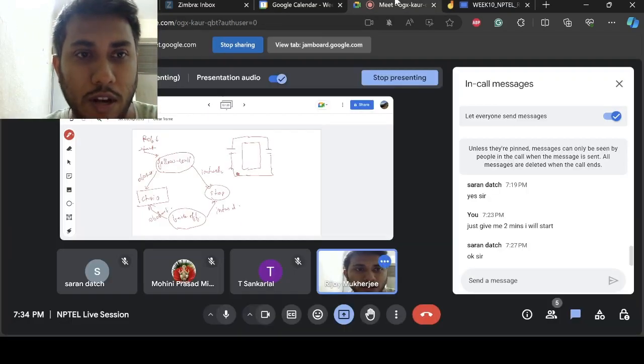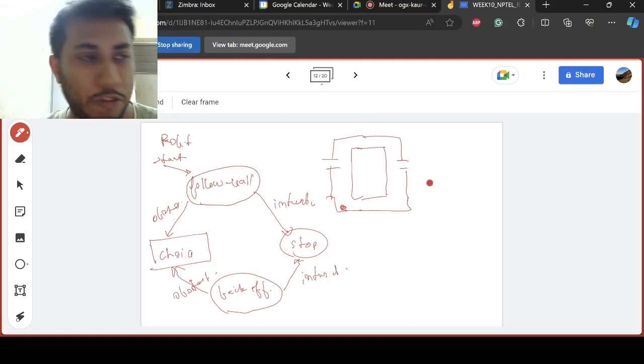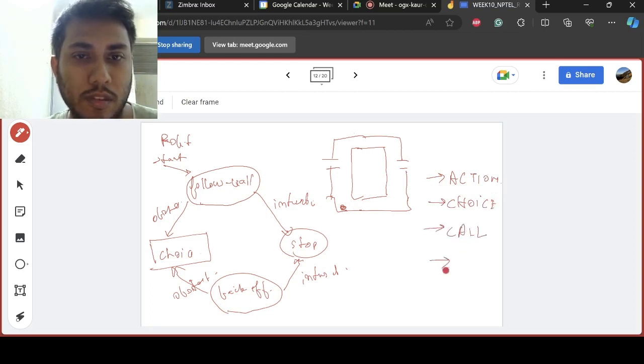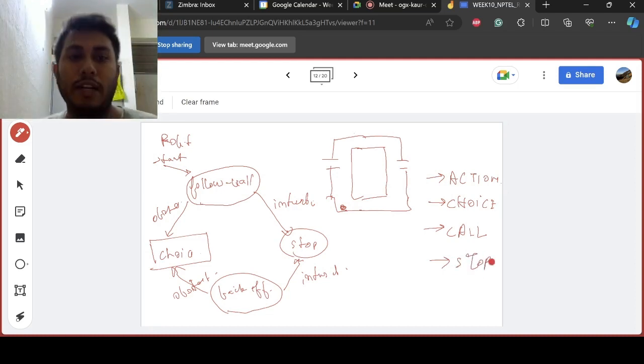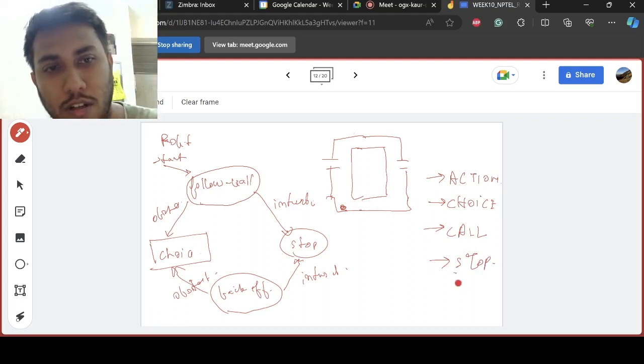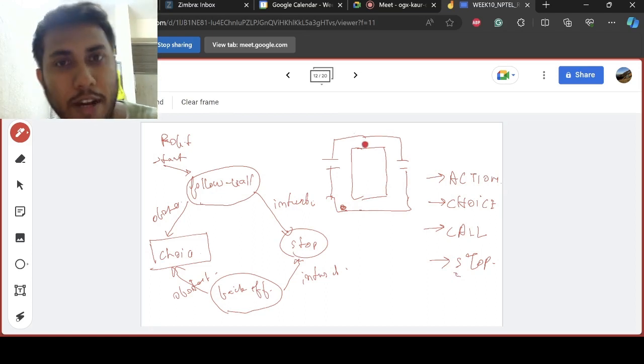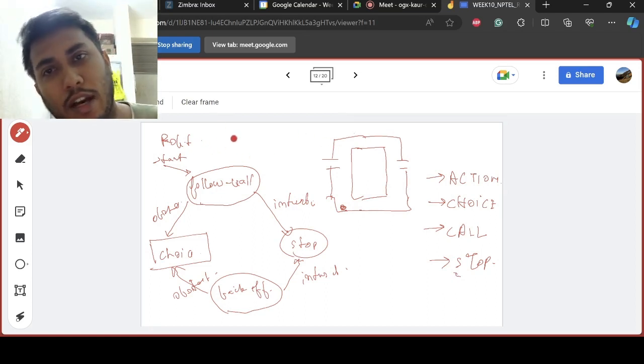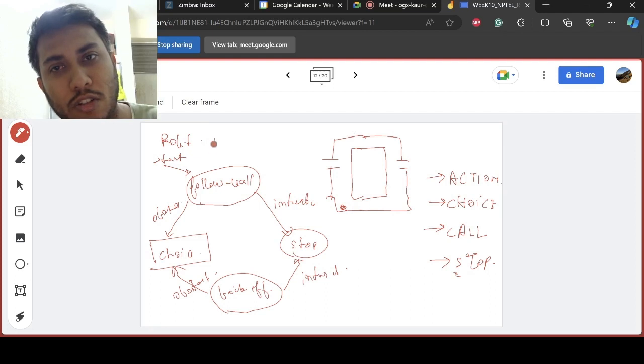Okay, so now let's define the states which we first said HAM has: action, choice, call, and stop. So when does stop happen? Let's not consider stop first. Suppose you have a robot, and this is your initial HAM machine.